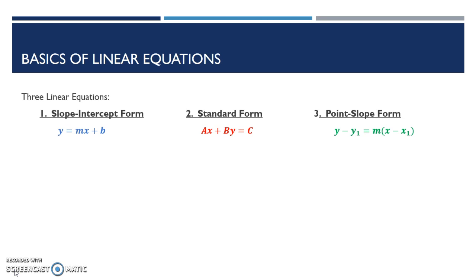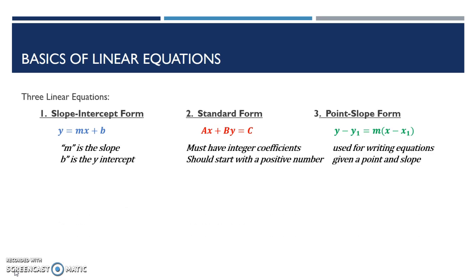Standard form comes along when sometimes you want to write an equation that's easiest to write in standard form. There's a lot of situations where it's a lot easier to write an equation in standard form than in slope-intercept form. And then point-slope form is really a spin-off of the slope formula that allows you to write an equation if you're given a point and a slope.